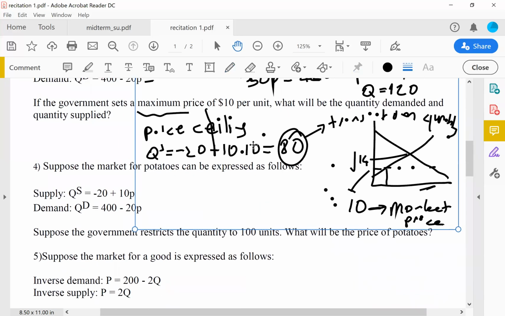Let's look at the fourth question, and after this question I will give a break.